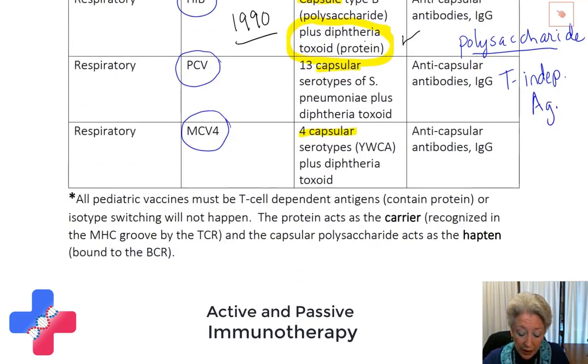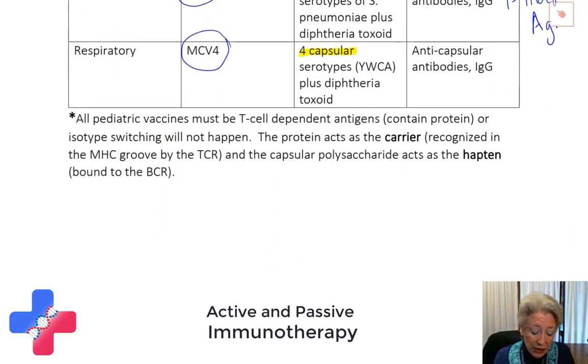Now, in those cases, of course, the protein is acting as the carrier, and the capsular polysaccharide is acting as the hapten. So if you're ever trying to figure out who is making what in this response, remember it's my B cell who is seeing the hapten material. It has a receptor for the polysaccharide.